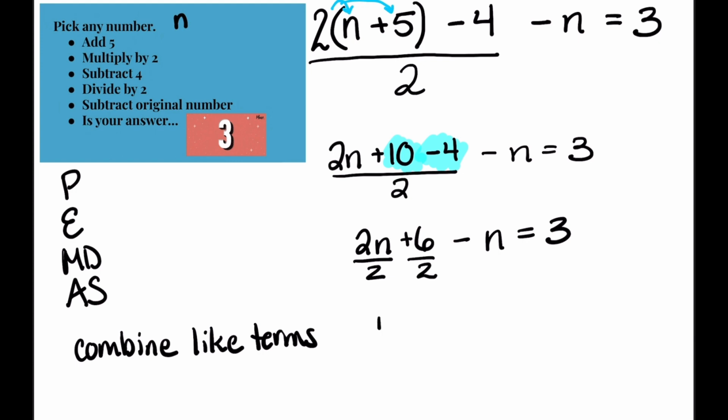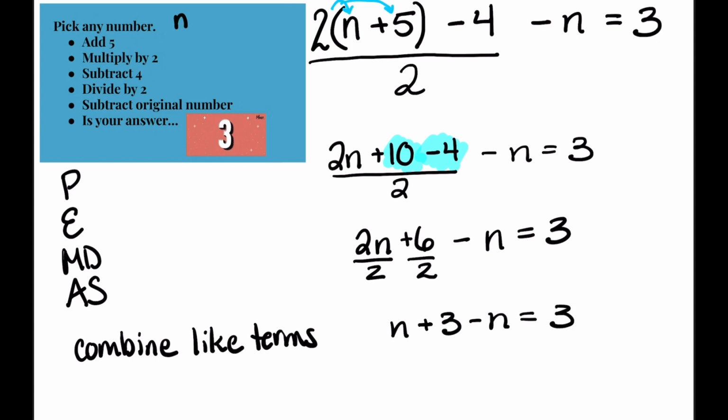So I'm going to be left with 1n. And 6 divided by 2 is just 3. So now this is what I have. Look at how much smaller and smaller. Actually, I'm going to move this down a little bit more, just for fun. And look how tiny we got it now.